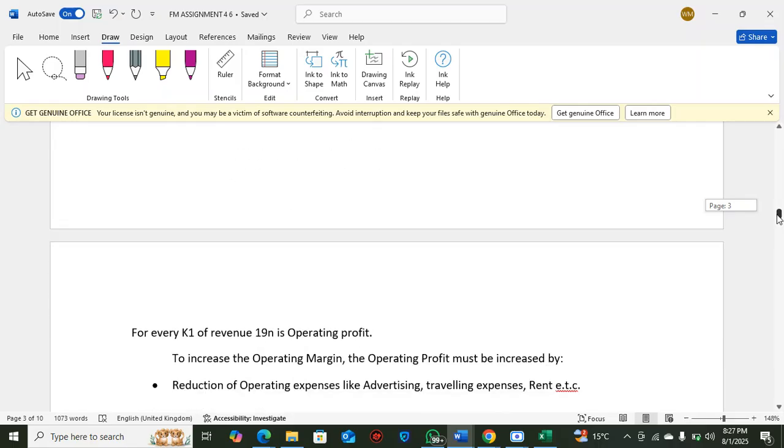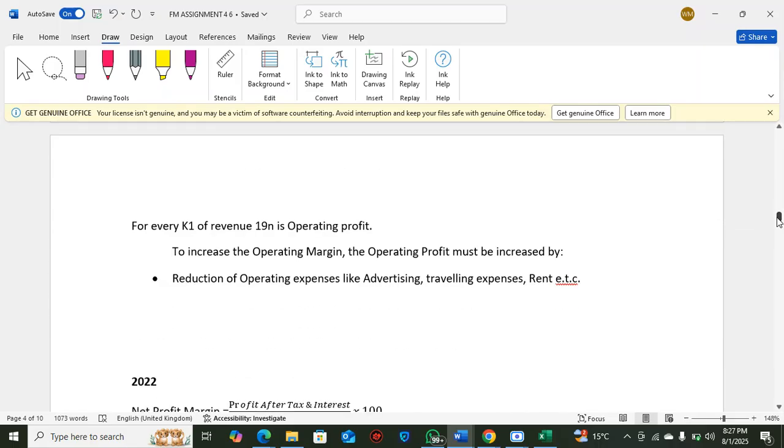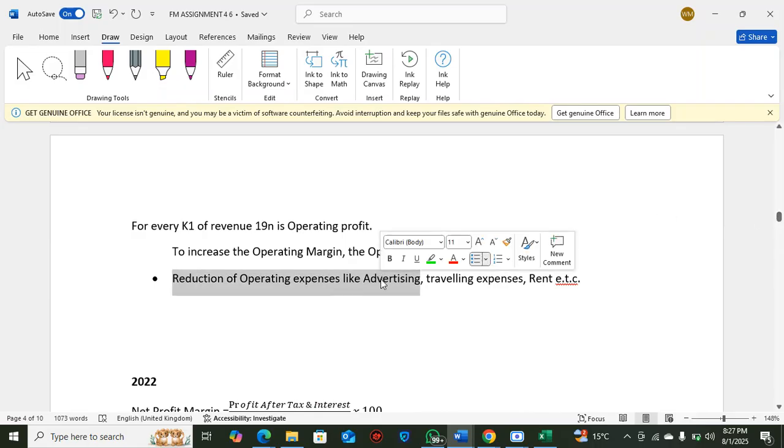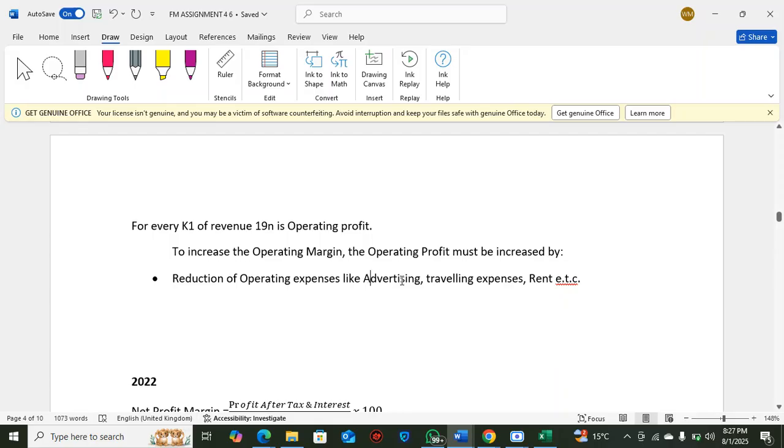Okay, then the next one, oh, to increase operating profit. In order to increase your operating profit, colleagues, you have to reduce operational expenses like advertising, traveling expenses, rent, selling and admin expenses, distribution expenses.